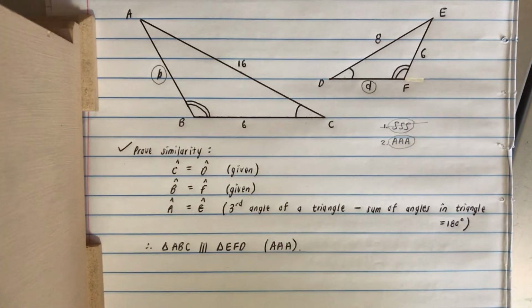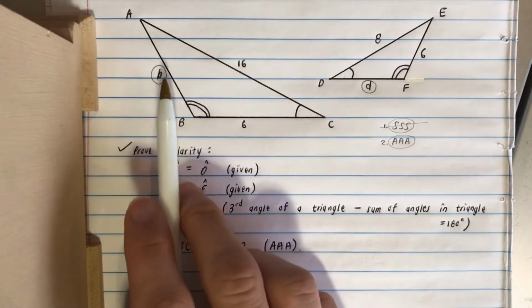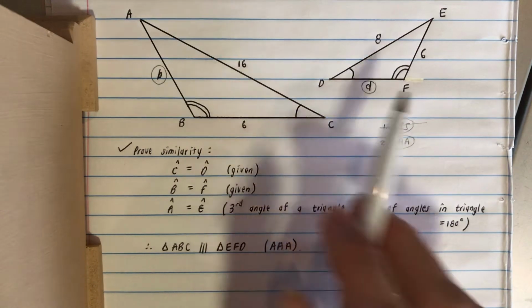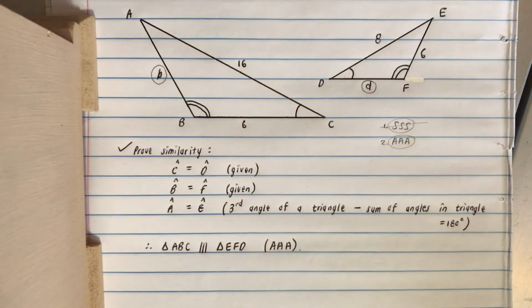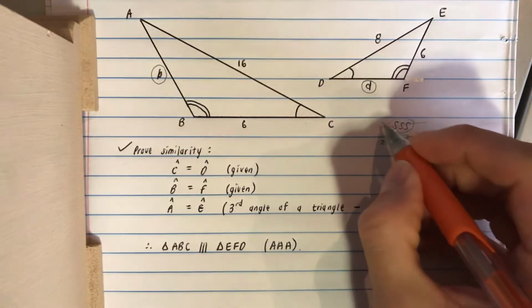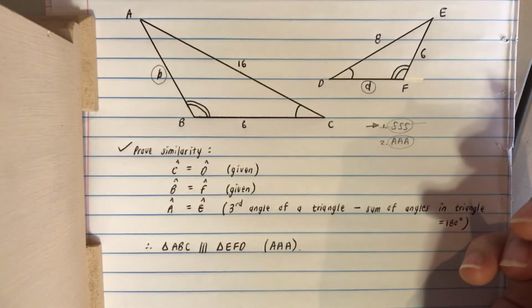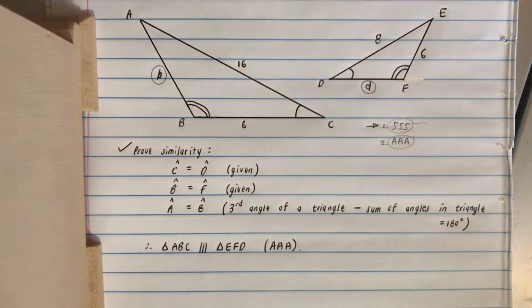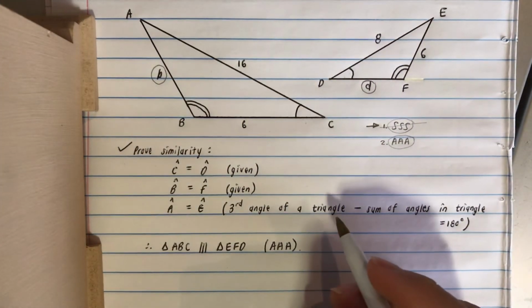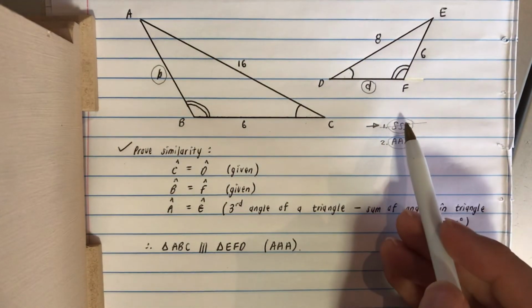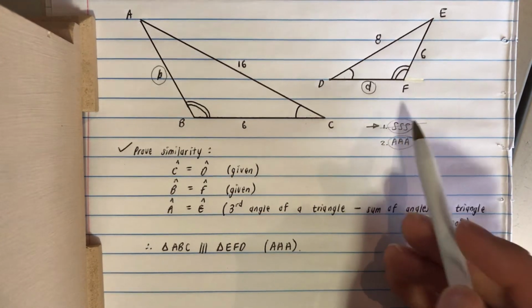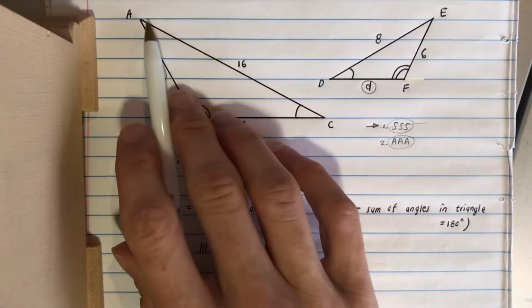Okay, now the second step is to calculate what is B and what is D. So if we know they are similar, then it means that this first condition will also be true. So now we can say that the corresponding sides must also be in the same proportion.